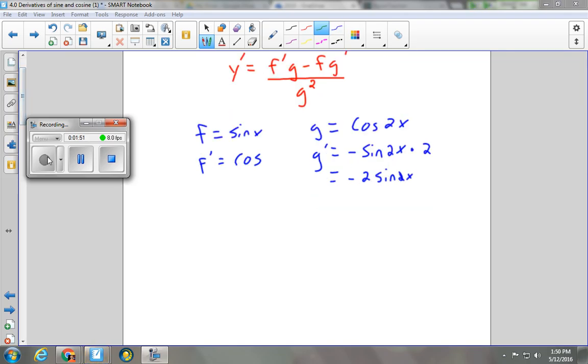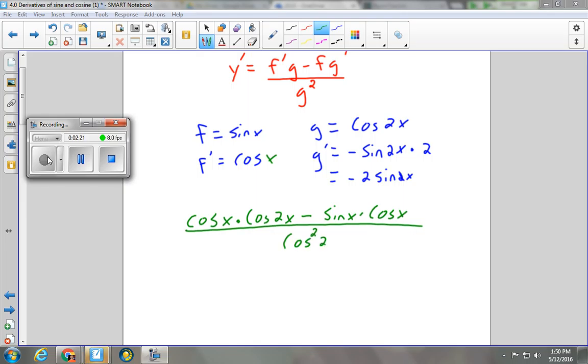Okay, so plugging this in, f prime is cos x, g was cos 2x, and minus f was sine x, g prime should be negative 2 sine 2x, all over cos squared 2x.